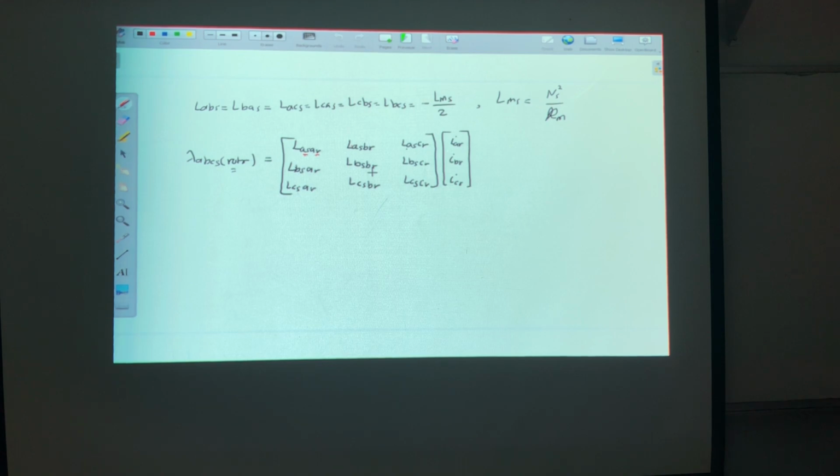Next. So I did 2 next. Jump in time. So here I'm writing lambda ABCS due to what? The rotor. And here is the rotor. So the first one is LS, the second one is LSR. So this will be what? This will be the LSR, the mutual inductance between the stator and the rotor.